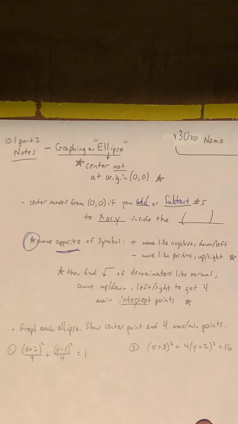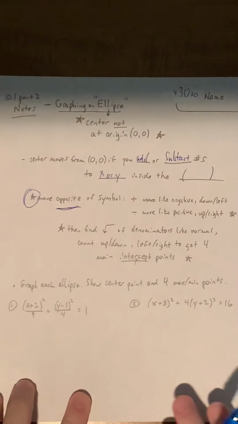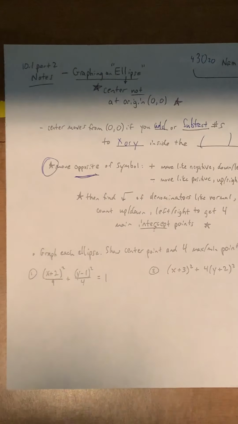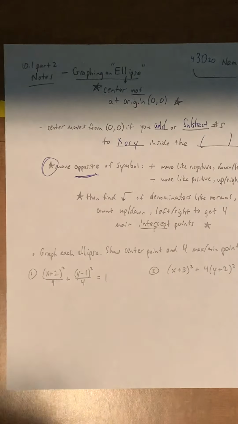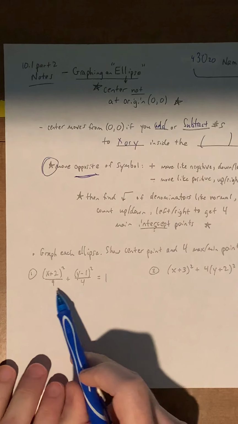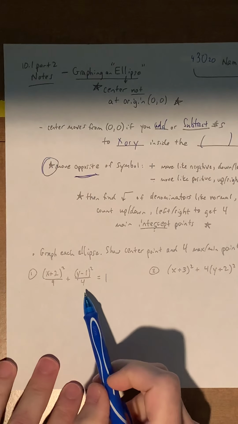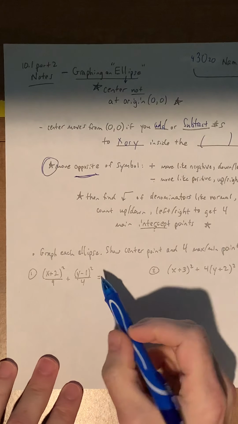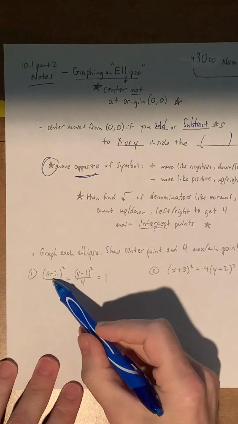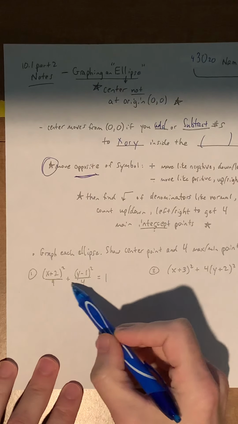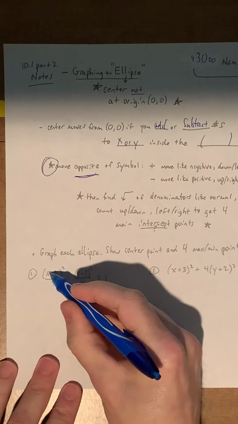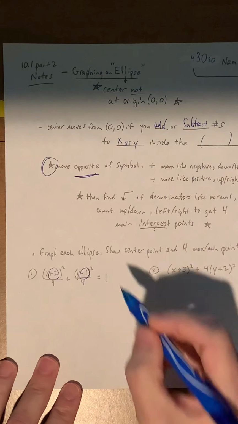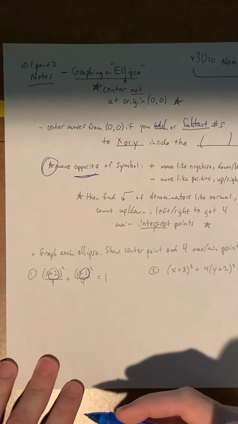All right, so we're going to do some example graphs together. Let's look at number 1 first. All right, for number 1, it looks like a normal type of equation like we talked about in part 1. You've got it equal to 1 on the right, and you've got normal numbers in the denominator, but you will see that we have numbers we're adding or subtracting for part 2 today.